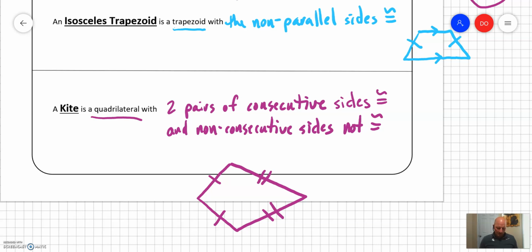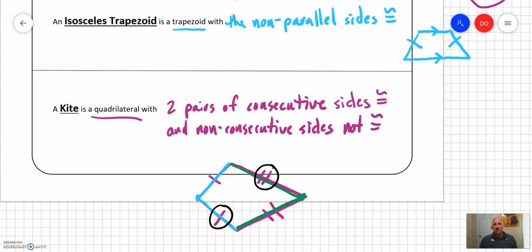So notice how I have 2 pairs of consecutive sides here congruent. Here are consecutive sides, and they're called consecutive because they share a point. And then here's the other pair of consecutive sides that are congruent. And then take note that the opposite sides, the sides that are not consecutive, are not congruent.